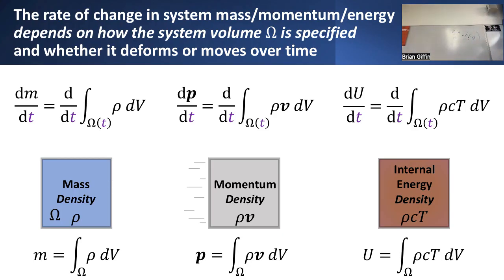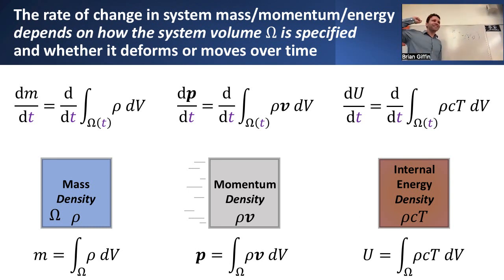If I try to take the time rate of this thing, well, it's very tempting to say, I have an integral involving this density term on the interior of that volume integral. And wouldn't it be nice if I could just take this derivative with respect to time and push it inside of the integral itself? Then what I should get is just the integral over the volume of the time rate of change of density interior to this thing.